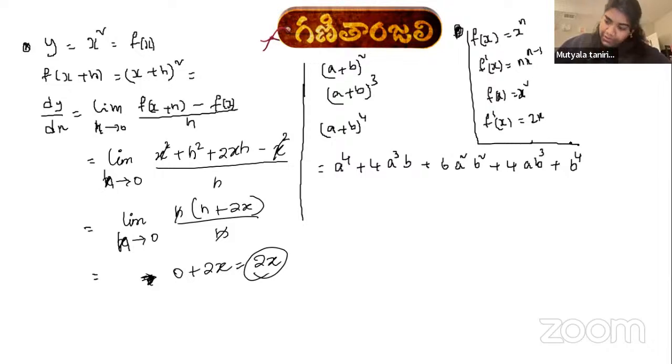This is the a plus b whole power 4 formula.